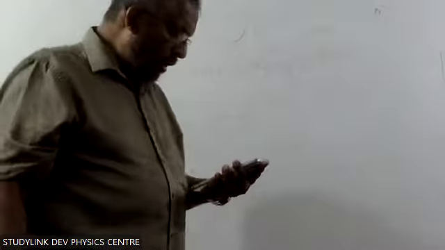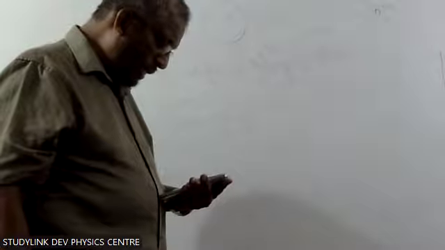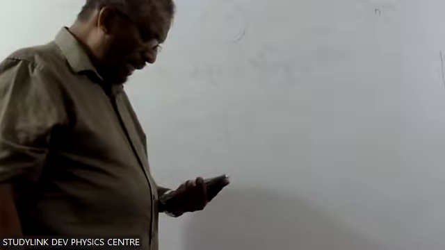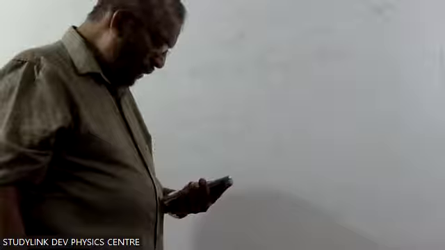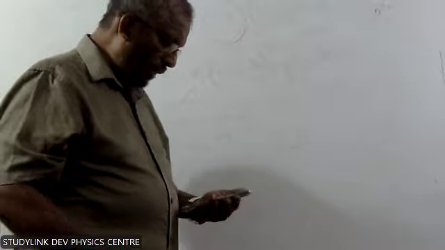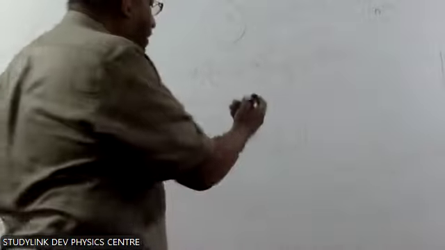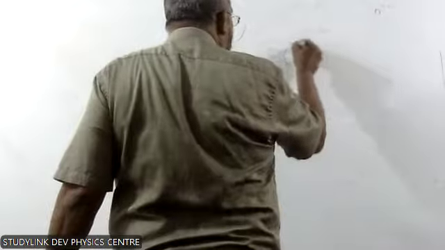Using dimensional analysis, derive an expression for the viscous force acting on a sphere of radius a in a fluid of coefficient of viscosity eta with the velocity v. Derive an expression for the viscous force acting on a sphere. So I'm not going to do that.